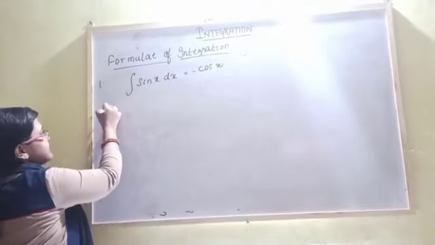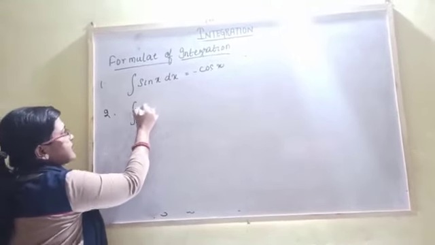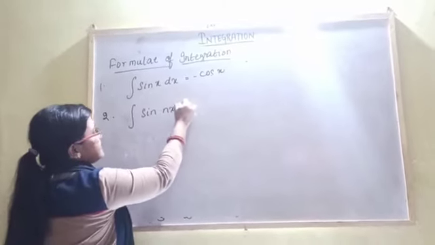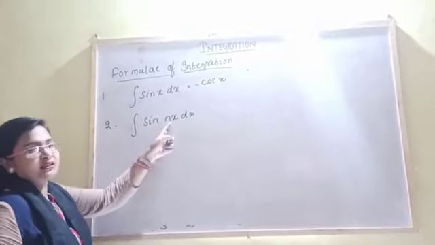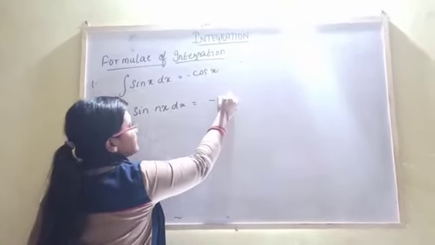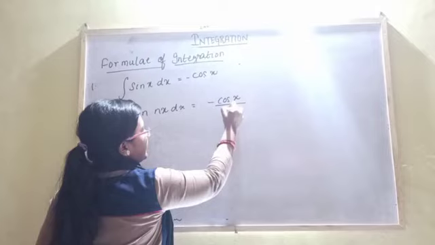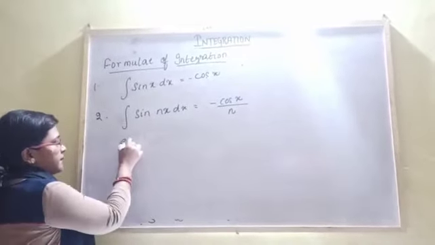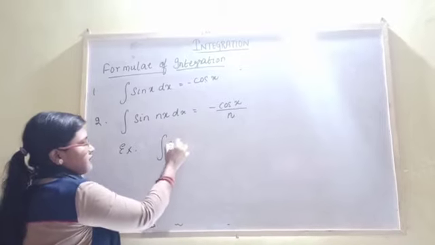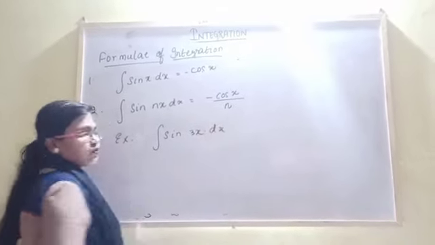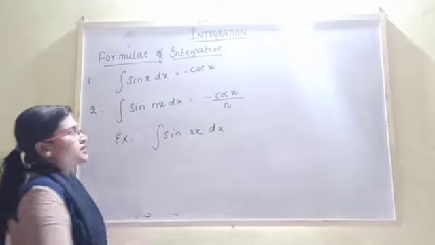And second, integration of sin nx dx, where n is a number, equals minus cos nx by n. Now, for example, if you have been given to integrate sin 3x dx, so what you have to do? Here n is 3.